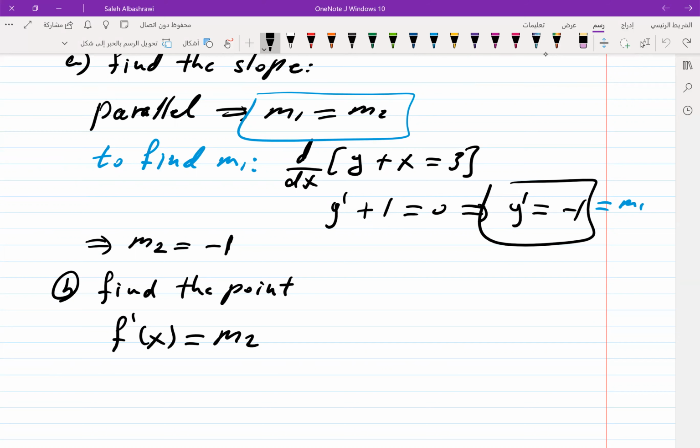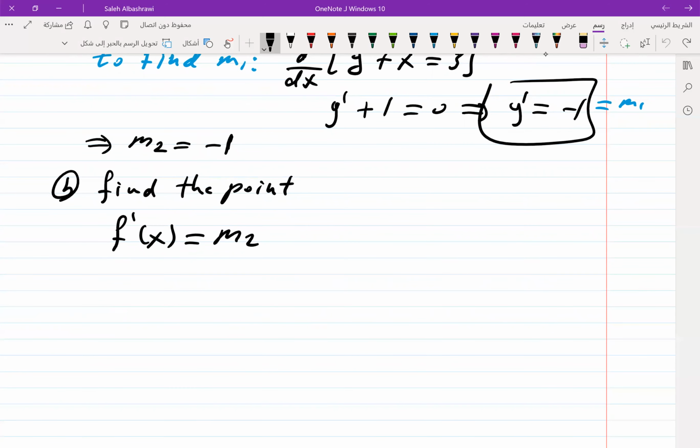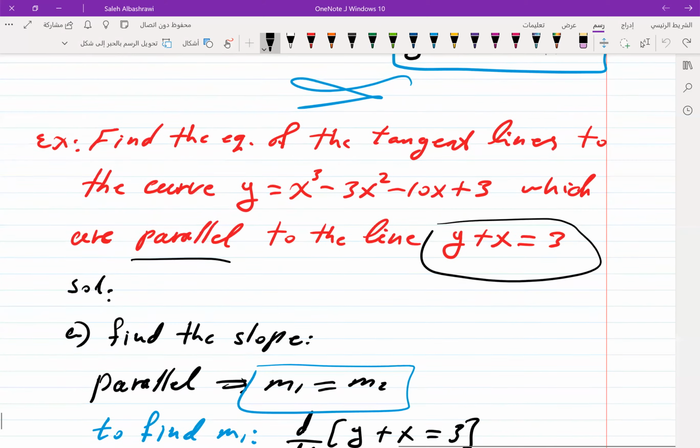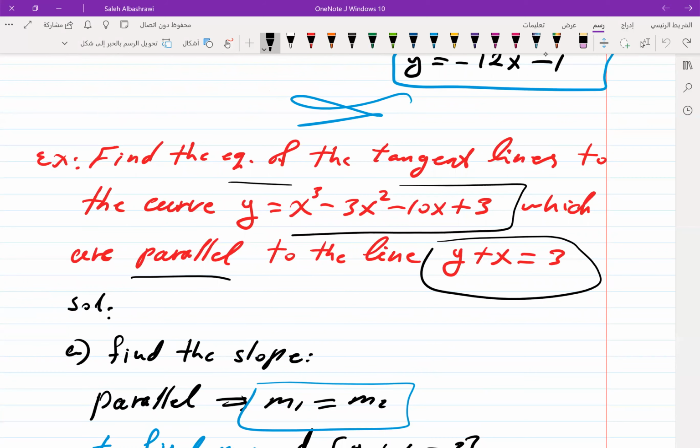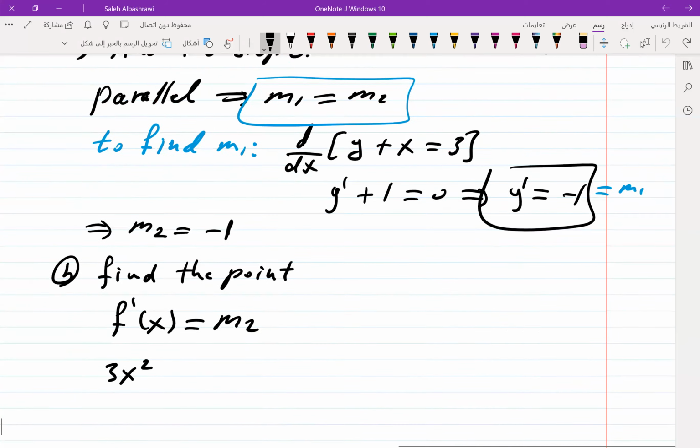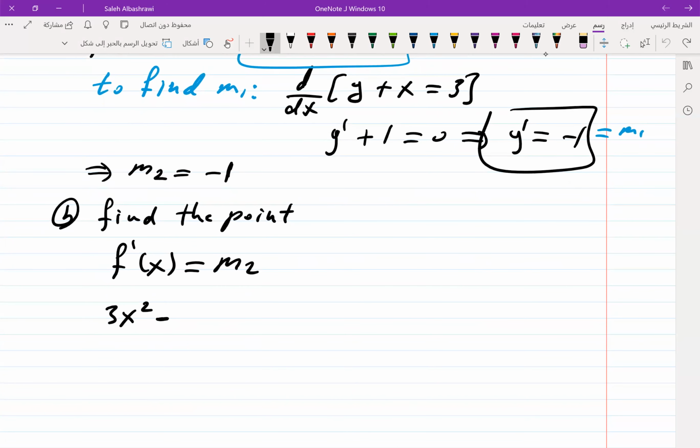And the derivative of the given curve is equal to 3x squared. We differentiate now the main function, which is this one: 3x squared minus 6x minus 10, equal to minus 1.